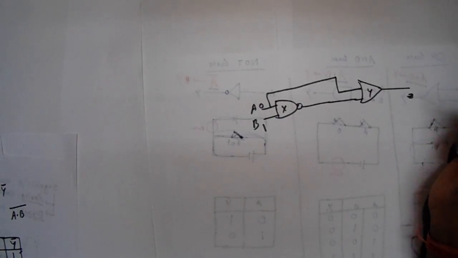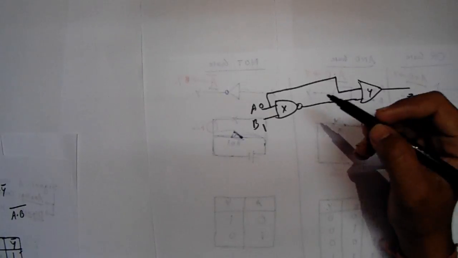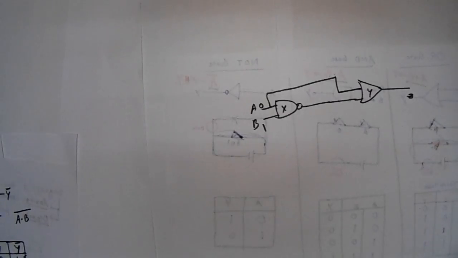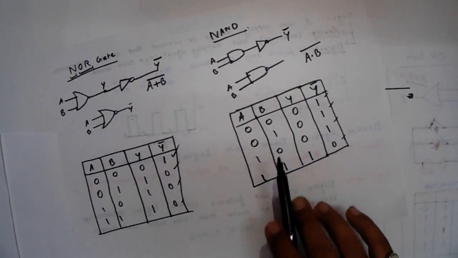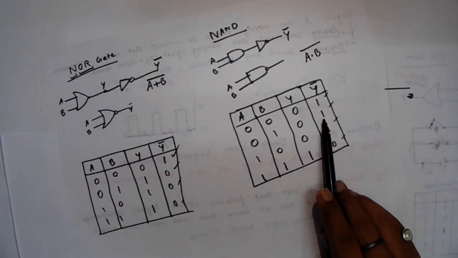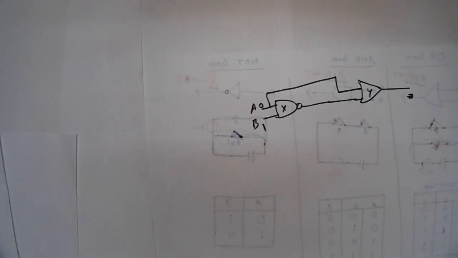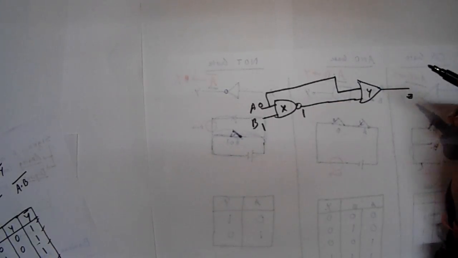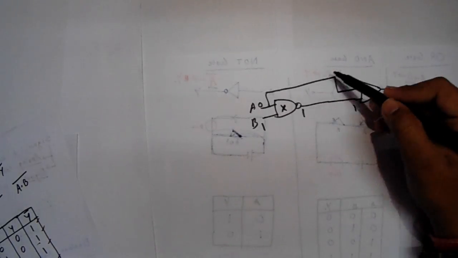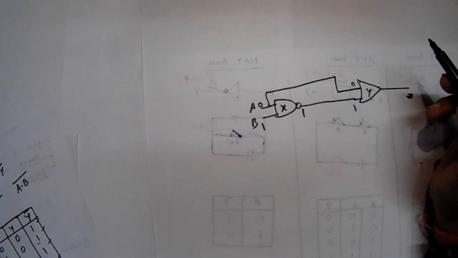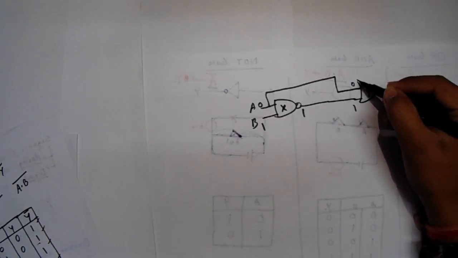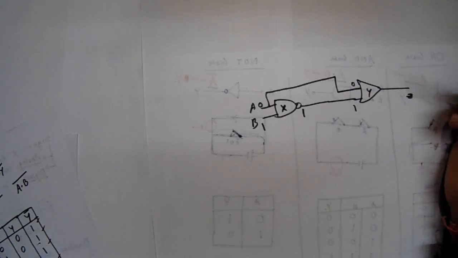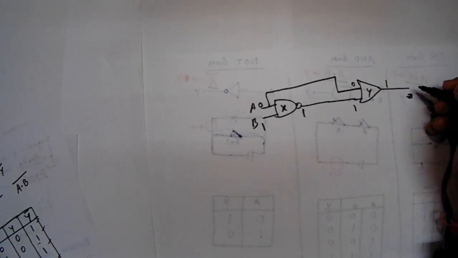Well, the output of a NAND gate when we have 0 and 1, if you can see here, for 0 and 1 we have output 1. So we will have output 1 here for X. For Y we have 1 and 0. What would be the output of an OR gate when the inputs are 0 and 1? As I have already told you, if there is a 1, the output is going to be 1. So the answer is 1.